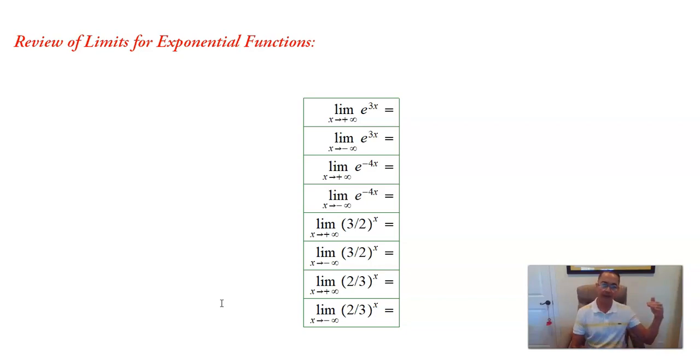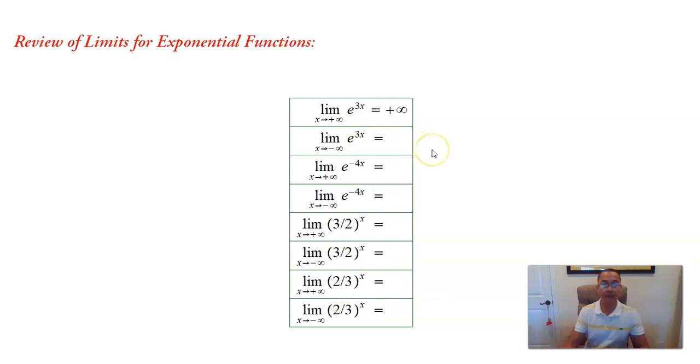So we saw that e to the x is an increasing function, but e to the negative x, e to the minus 2x, will be a decreasing function. And as an increasing function, as we approach positive infinity for x, the y also approaches positive infinity. So for e to the positive 3x, the limit as x approaches infinity is also plus infinity. But as you approach minus infinity, your limit is going to be 0.